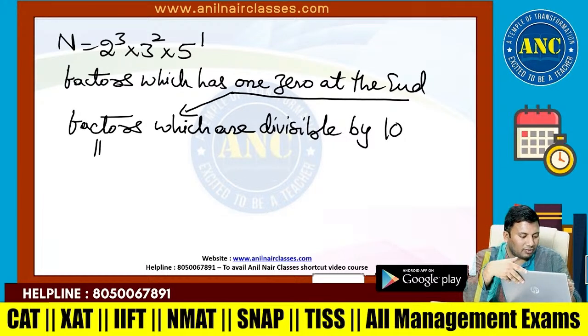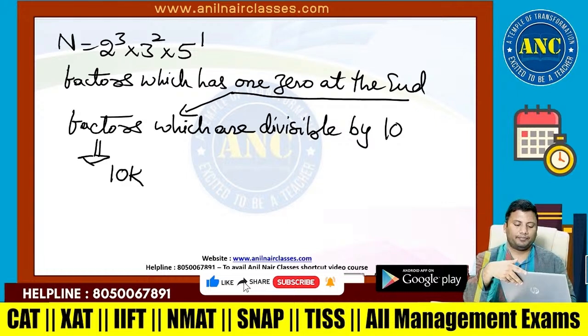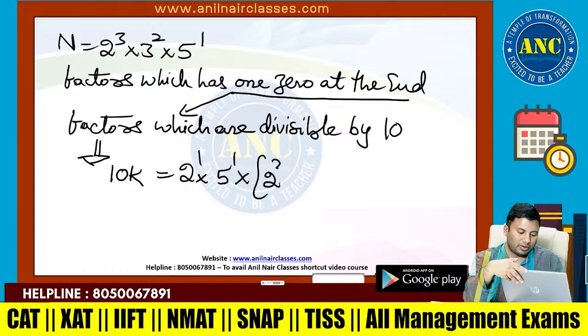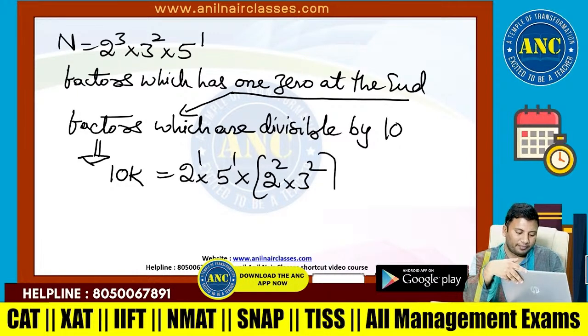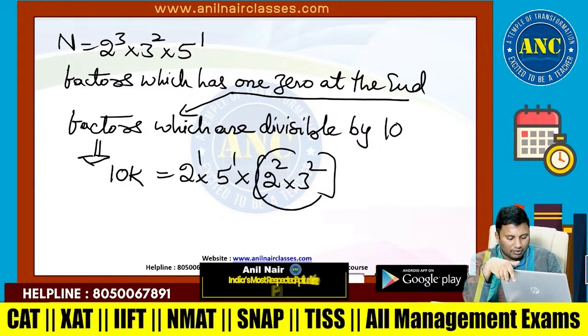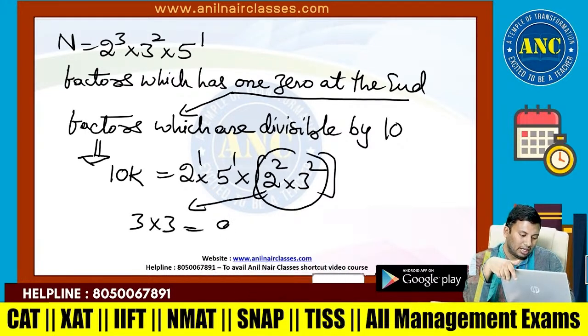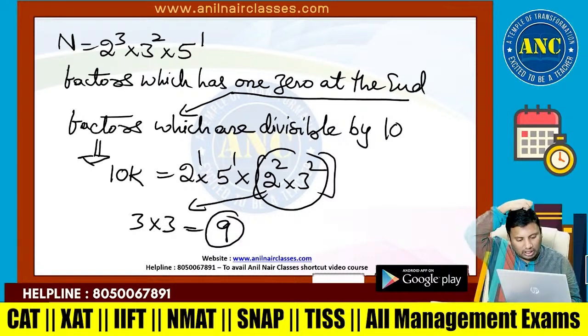Any factor which is divisible by 10 is 10k. This is 2 into 5. Remaining is 2 square into 3 square, out of 2 cube into 3 square into 5 power 1. The number of such factors is 3 into 3, it is 9.